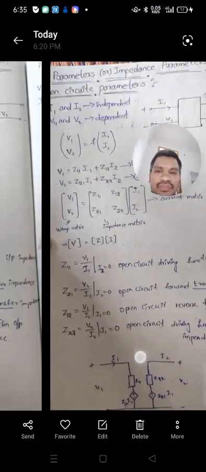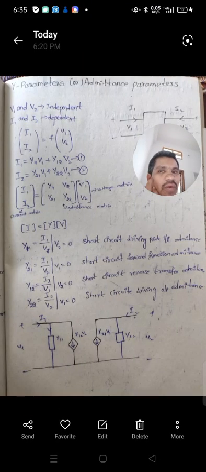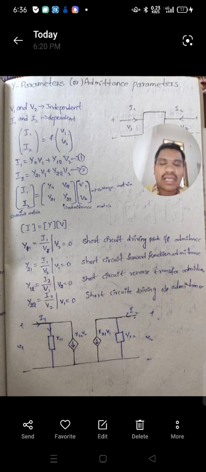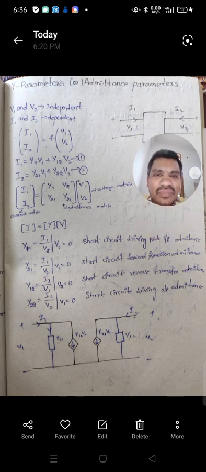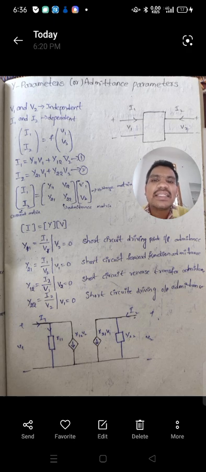Now coming to Y parameters. The Y parameters are also called the admittance parameters, and also they are called the short circuiting parameters because in the admittance parameters the circuit is maintained on the short circuit. An important point is that V1 and V2 are independent sources and I1 and I2 are dependent.